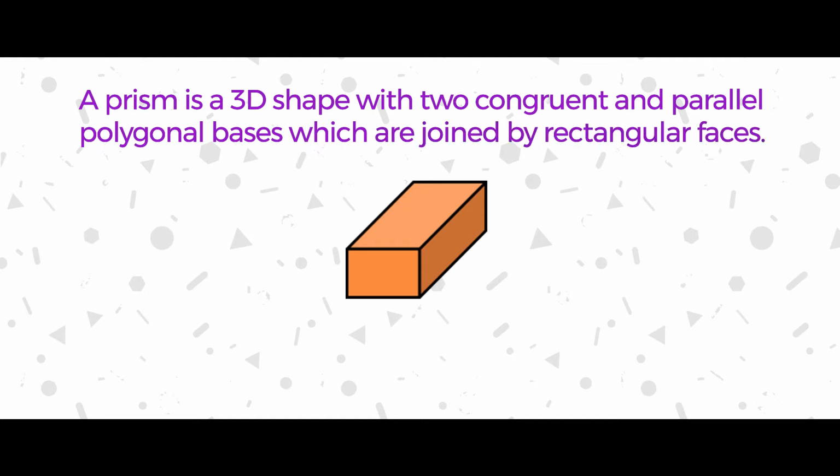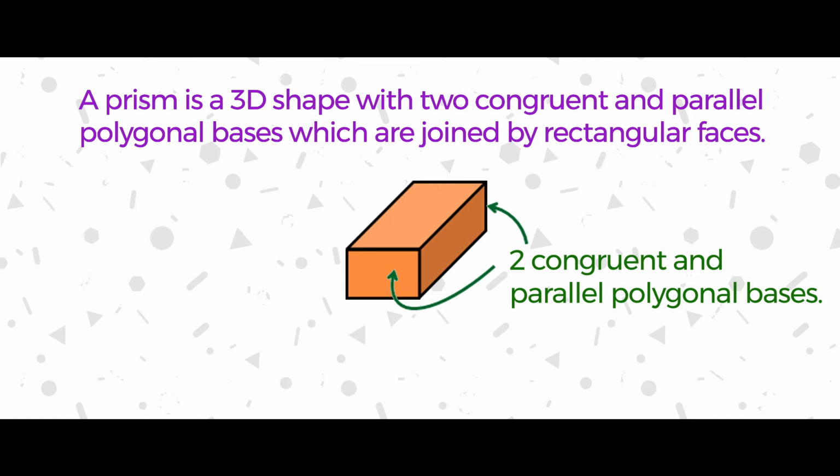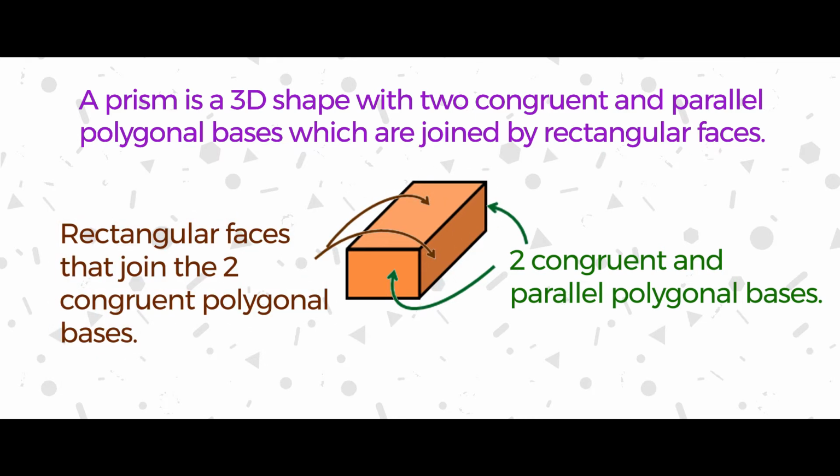Now remember, a prism must have two polygonal bases which are the same, congruent, and parallel, okay, with the same size. And these two polygonal bases must be joined by rectangular faces. Alright? Now, prisms are named according to the bases that they have.